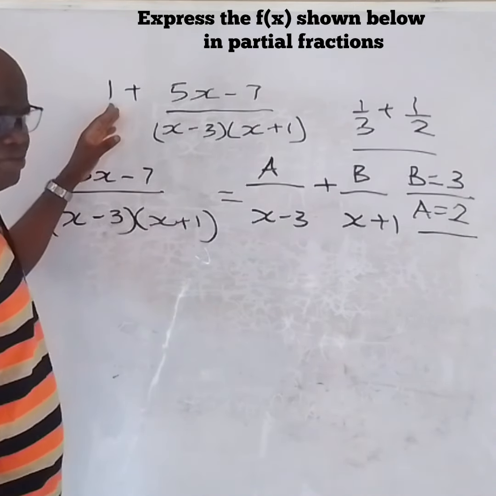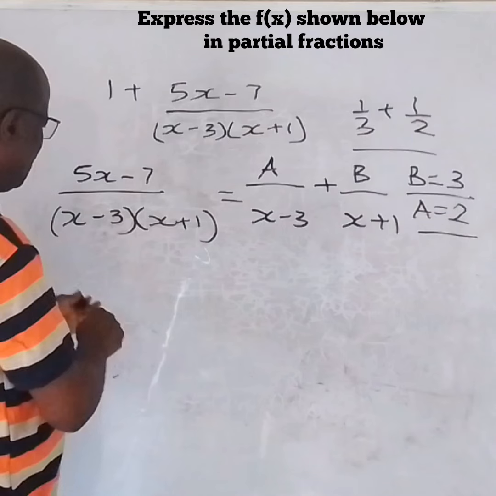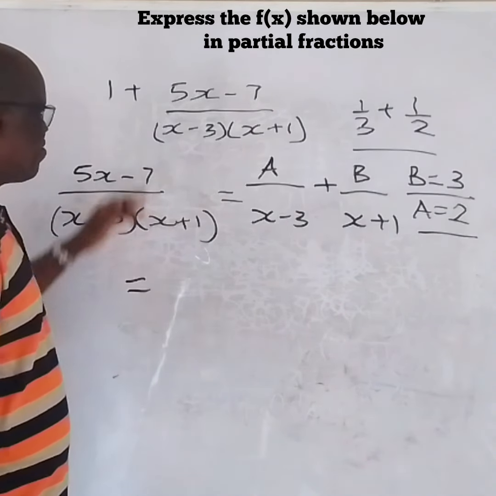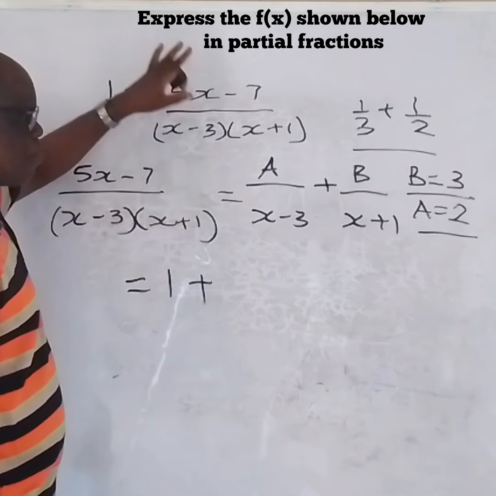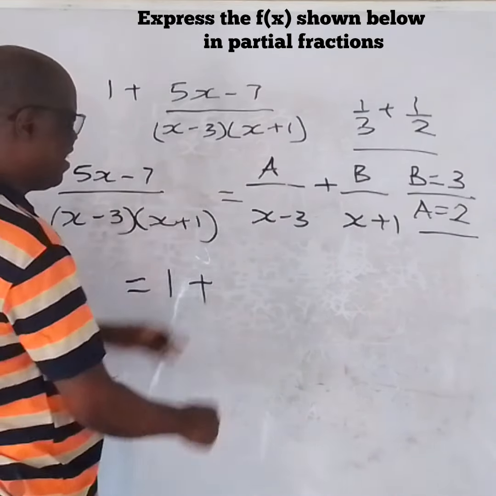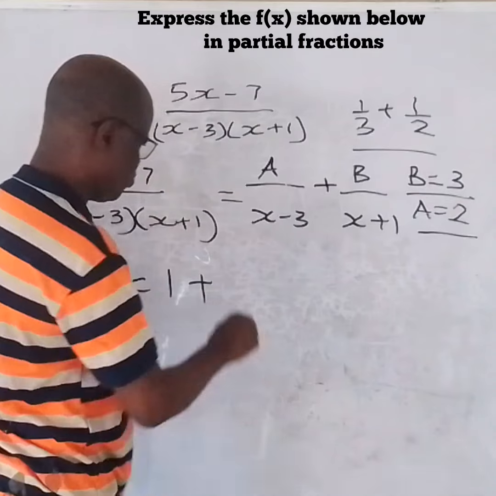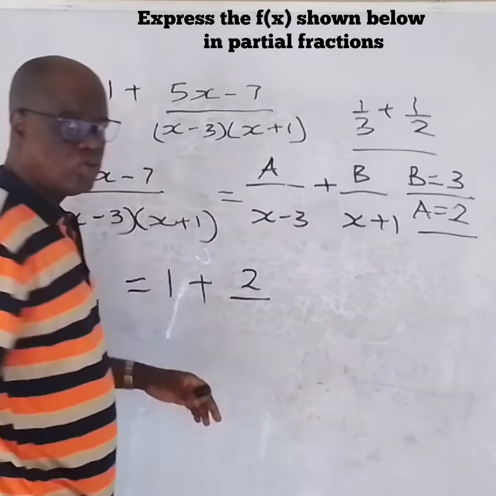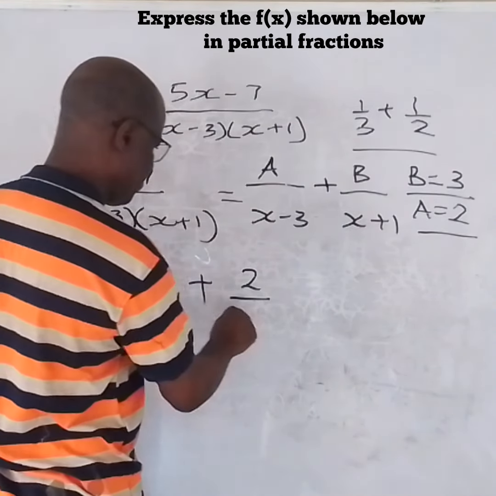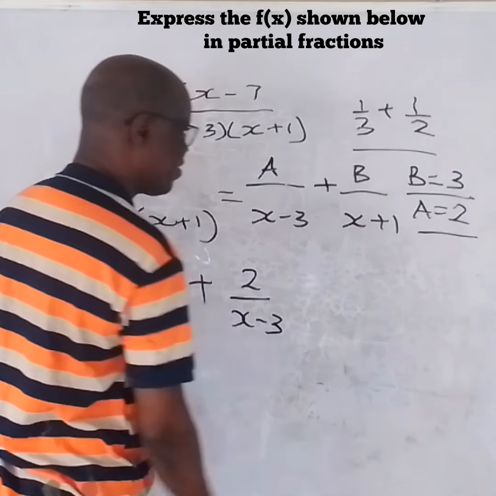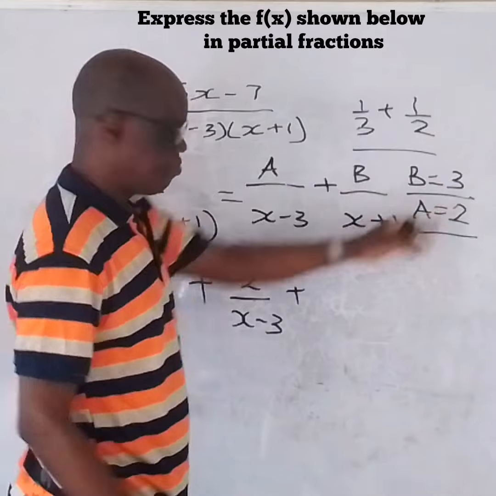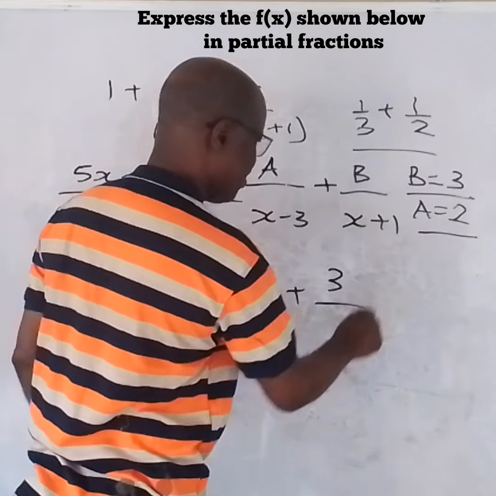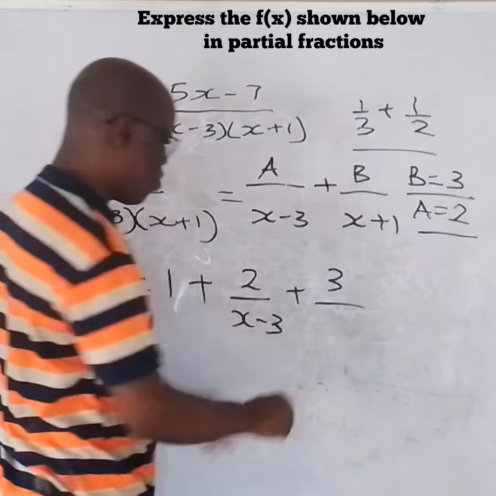You now come back here. What you now have finally is 1 plus this one, which has been broken down into this. Your A is 2, so 2 all over x minus 3. Then plus your B is 3, 3 over x plus 1.